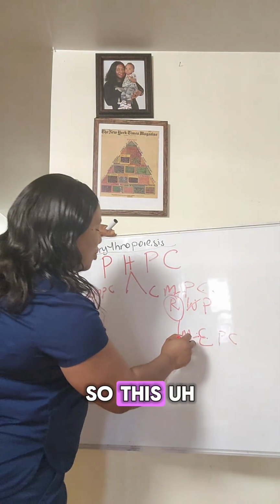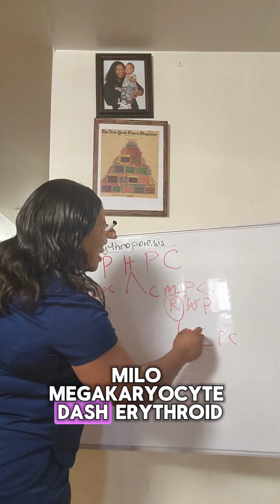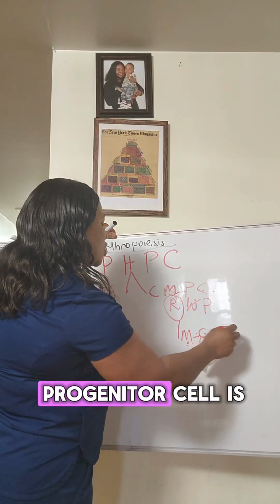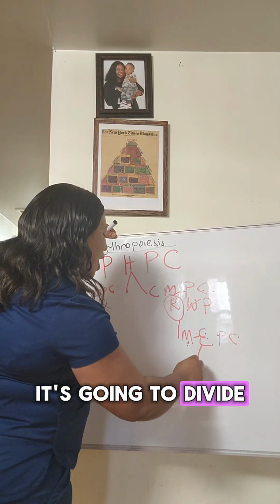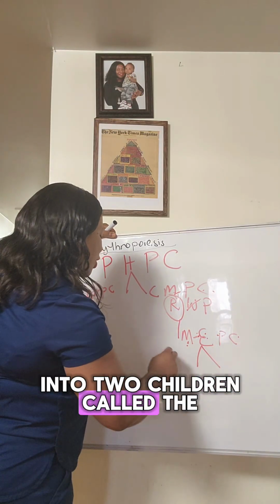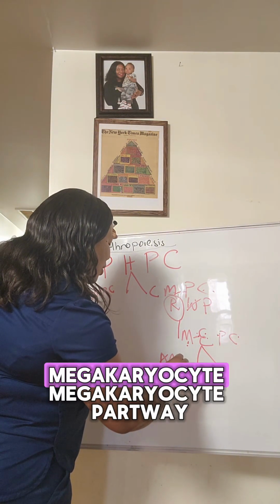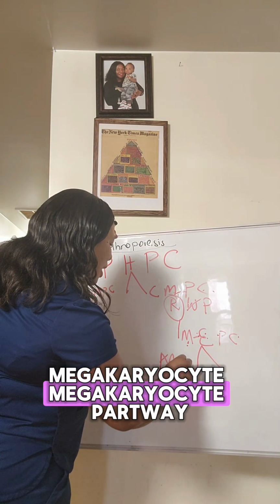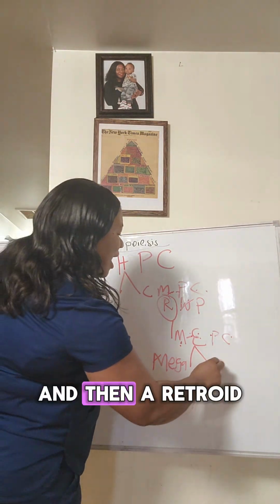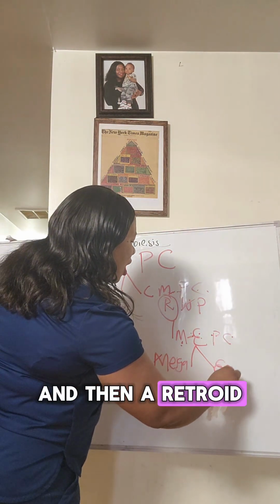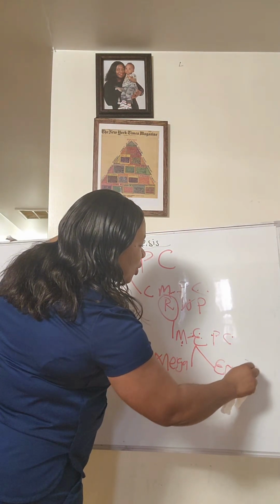So this megakaryocyte-erythroid progenitor cell is going to divide into two children called the megakaryocyte pathway and the erythroid pathway.